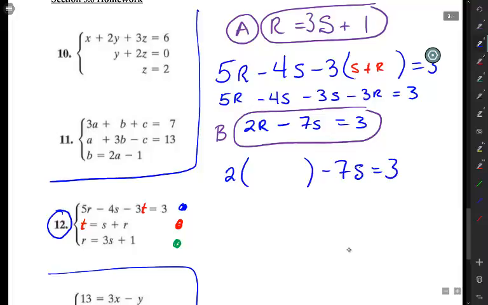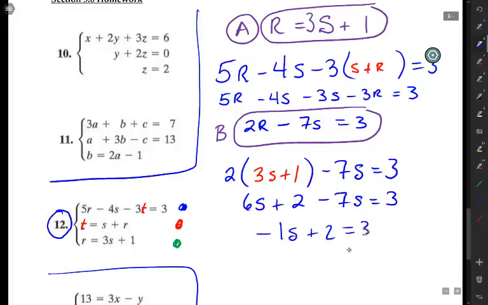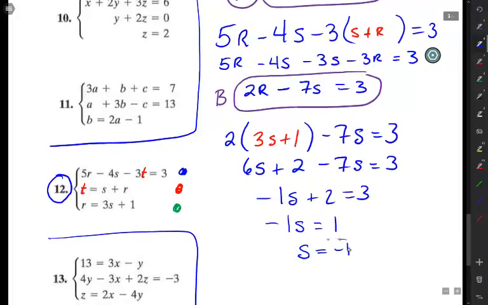What goes in the parentheses? 6s plus 2. You're ahead of me, but I'm with you. 6s plus 2 minus 7s equals 3. Negative 1s plus 2 equals 3. Negative 1s equals 1. So s equals negative 1?